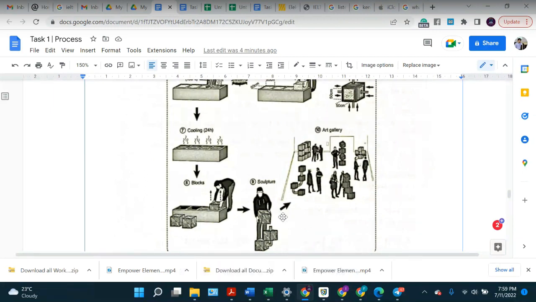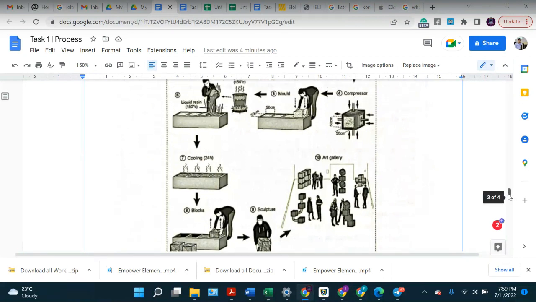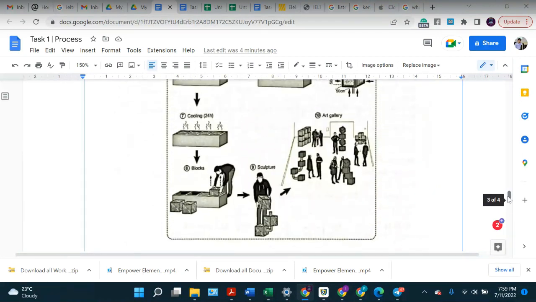I'm thinking of saying something like arrange them in different formations to make sculptures, so that they could be viewed in art galleries, right? Okay.